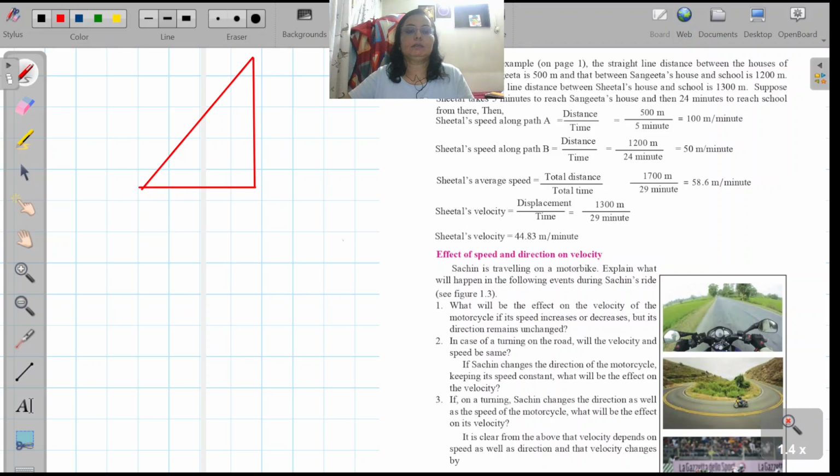Suppose Pramila and Prashant in a house A. This is B where Sangeeta stays.